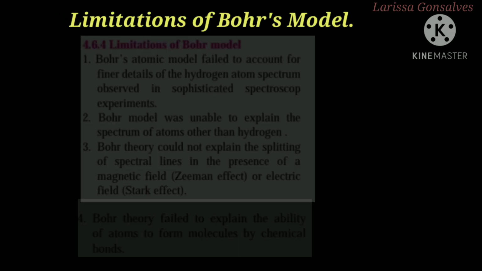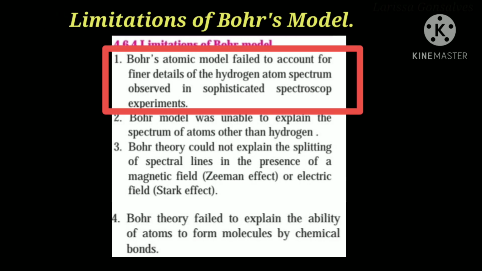So I hope after watching this video you are clear with the concept of Bohr's model for hydrogen atom. Let us now study the limitations of Bohr's model. Bohr's atomic model failed to explain the finer details of the hydrogen atom spectrum when observed in sophisticated spectroscopic experiments.